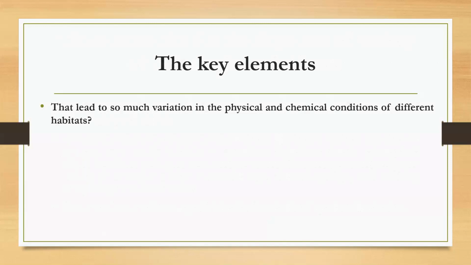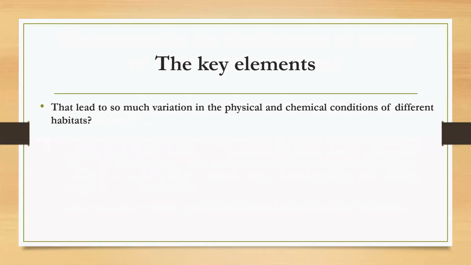It may be related to the temperature, or to the pressure, or the size of the soil particle, which is another physical property. And the chemical condition is mainly the salinity, the pH, the chemical composition. So these show great diversity, or variation.